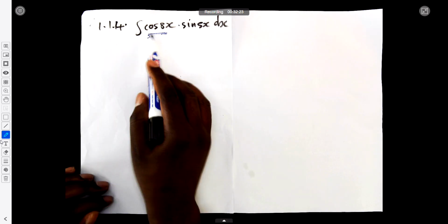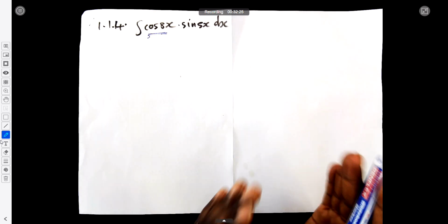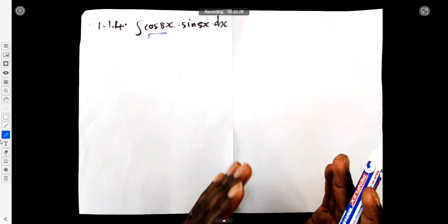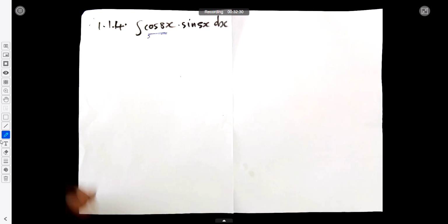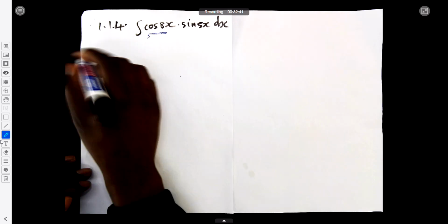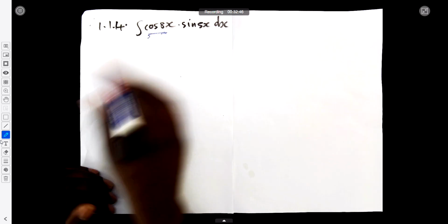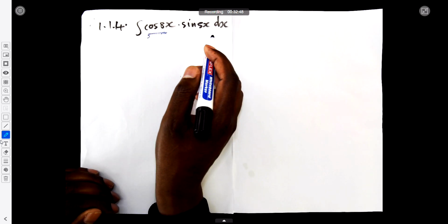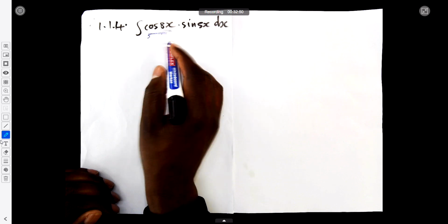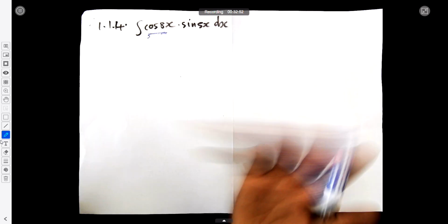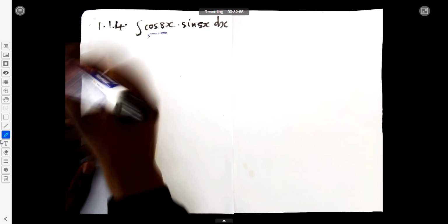So the derivative of sine 8x cannot give us sine 5x. So which means here these are different coefficients of the angles. We have to utilize the identities. So in the textbook, I just want us to write them down before we even utilize them. Because here we don't have the derivative, we don't have the function. Even if you wanted to use double angle identities, again, we cannot have a function and the derivative. So we need to utilize the identities.